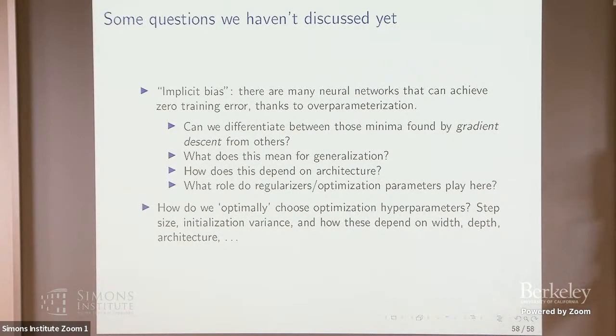Do they have special properties that allow for better generalization, or does doing gradient descent on a specific architecture bias you towards certain solutions with different properties? Do regularizers and these different optimization parameters affect the types of things that you learn? And how do we choose the optimization parameters so that we can encourage good behavior in whatever way we want? These are all really active areas of research, and I think you'll hear a lot about it in this coming week.